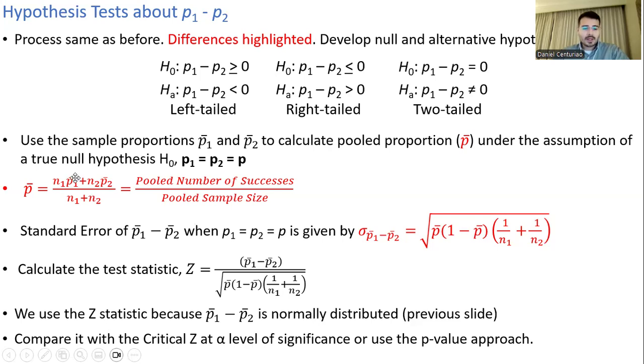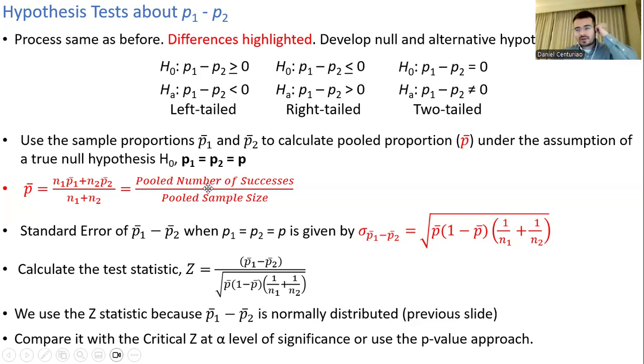And this is basically a weighted average of the proportions of the two samples, right? And this weighted average is weighted by the number of observations in each sample, okay? You can think about that as the pooled number of successes in the numerator divided by the pooled sample size, okay? So it's the number of successes in the first sample plus the number of successes in the second sample divided by the summation of the two sample sizes.